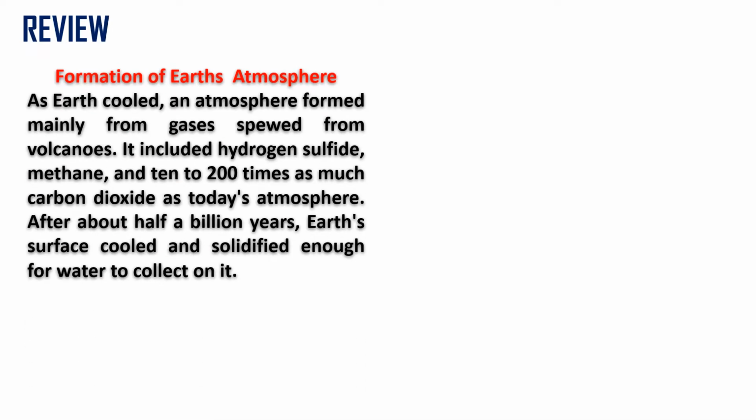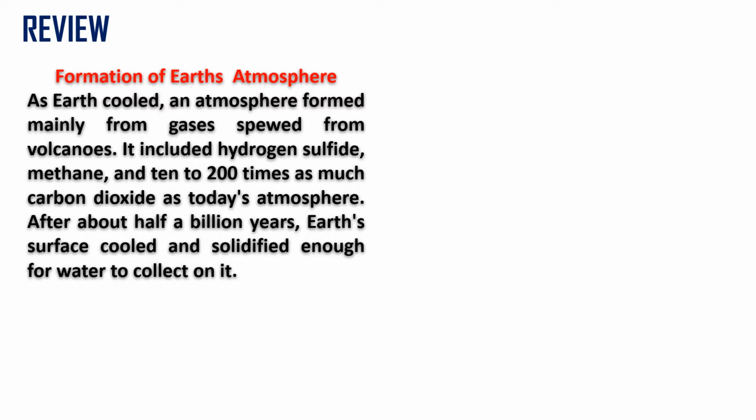Formation of Earth's atmosphere. As Earth cooled, an atmosphere formed mainly from gases spewed from volcanoes. It included hydrogen sulfate, methane, and 10 to 200 times as much carbon dioxide as today's atmosphere.